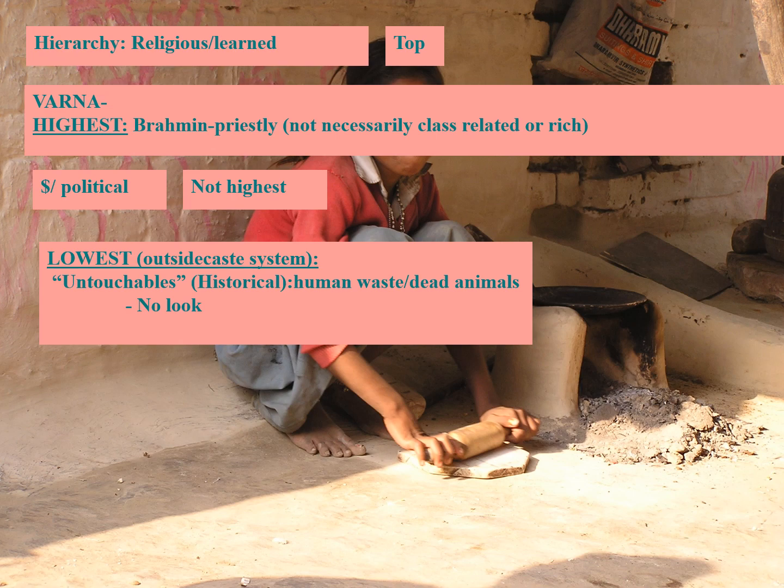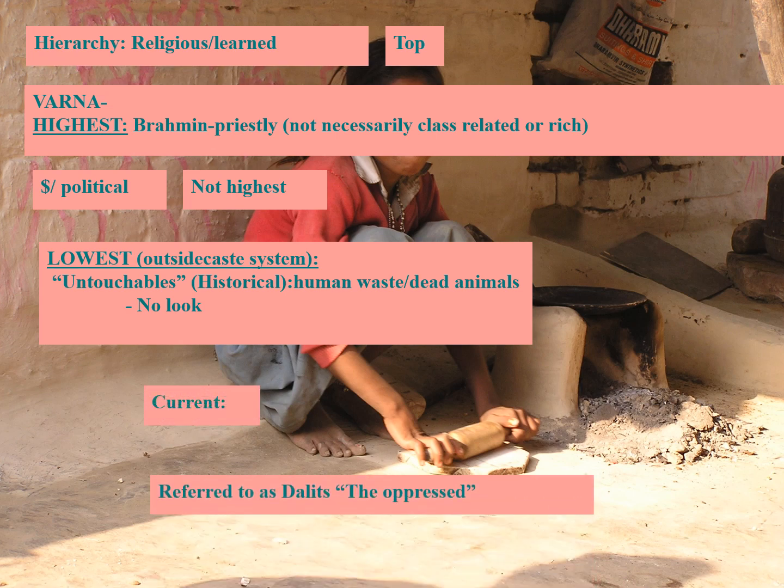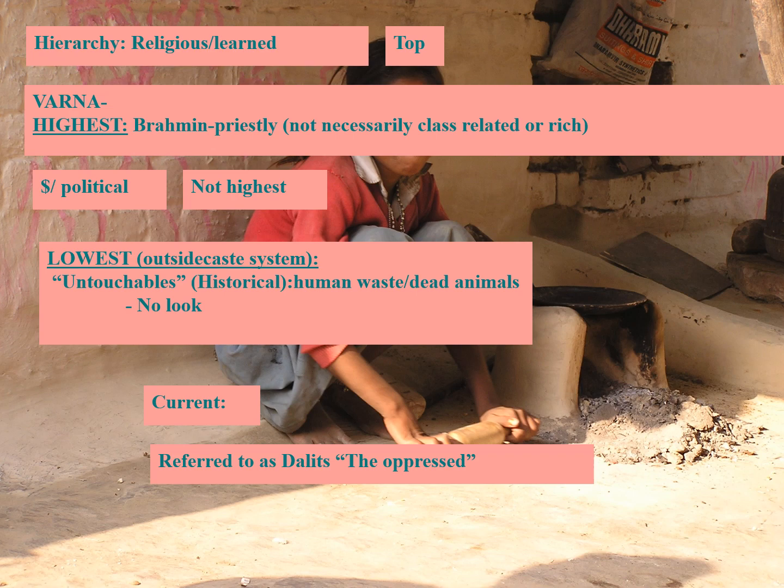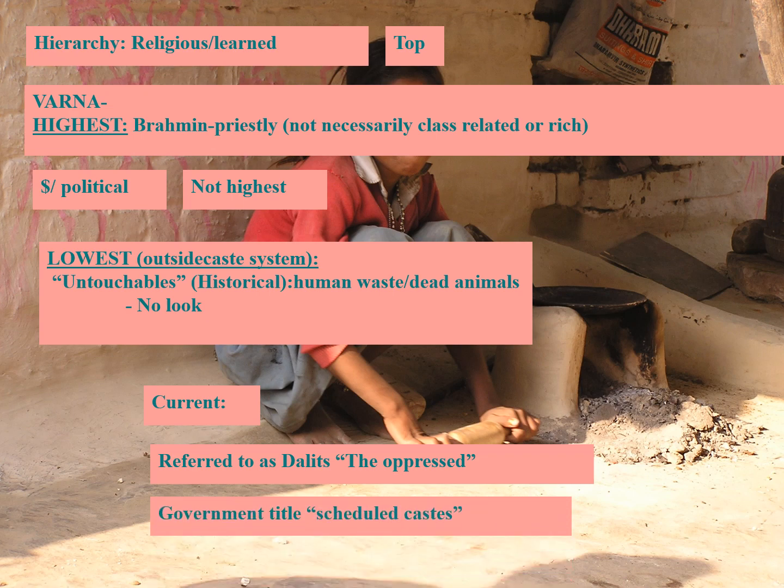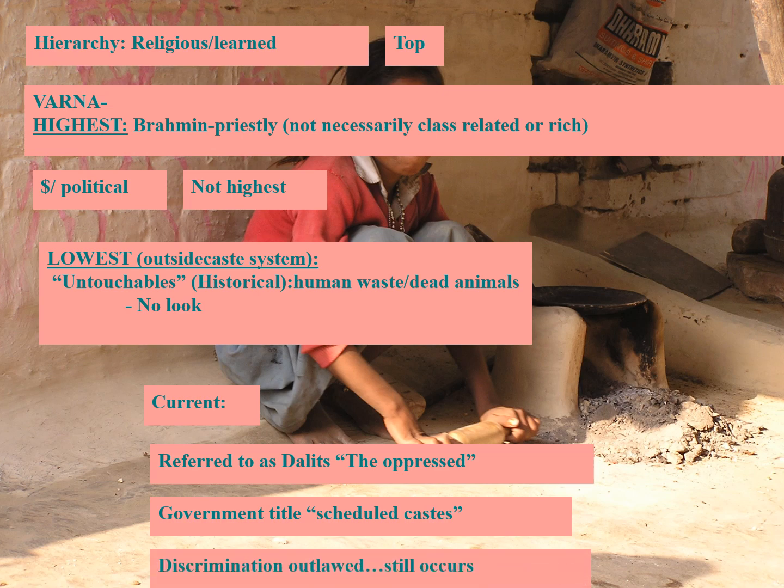They got no schooling or treatment. So Dalits, meaning the oppressed, those individuals who were receiving no care or education, are now being able to receive some of those things. Unfortunately, while discrimination is outlawed, it still occurs.